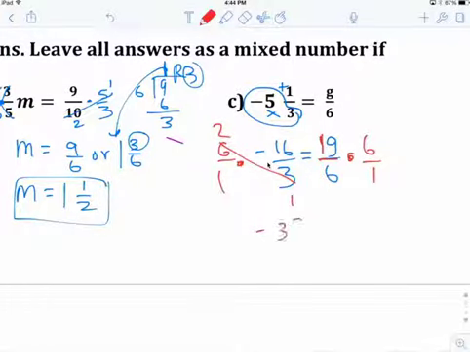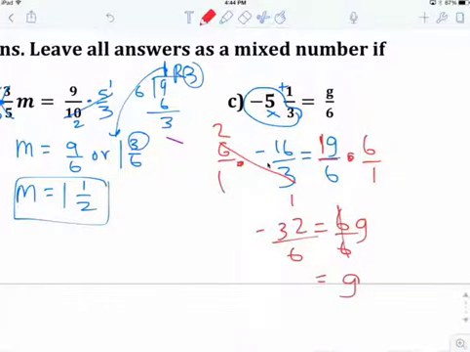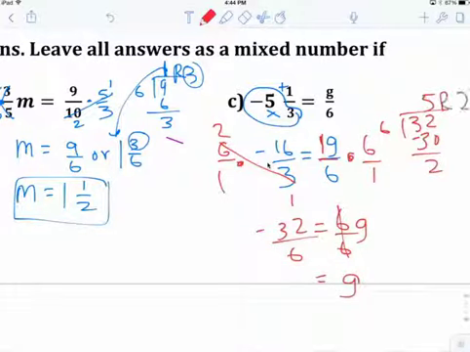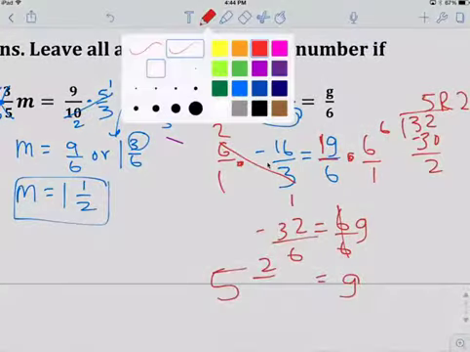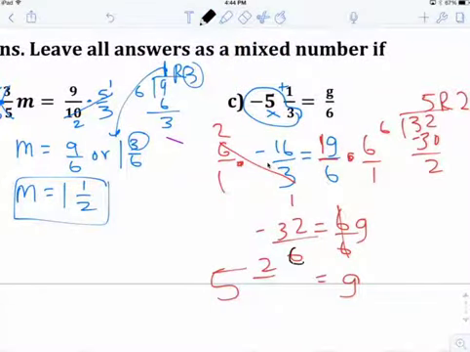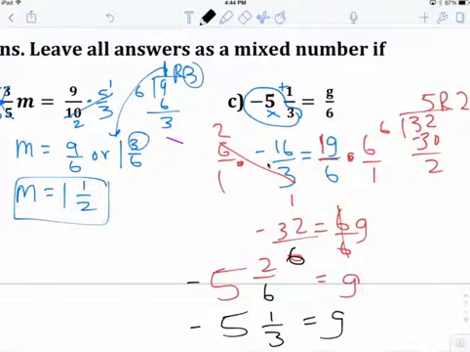Negative 32 equals g. Divide by 6. G equals negative 32 divided by 6, that is 5 times 30 minus 2, remainder 2. Answer is 5, remainder 2 over this denominator of 6. Reduce that. Negative 5 and 1 over 3 is g.